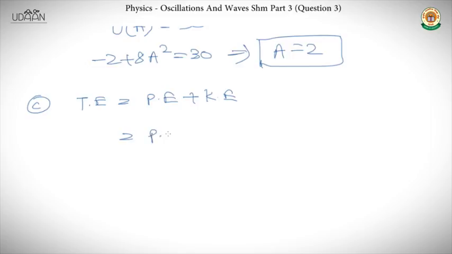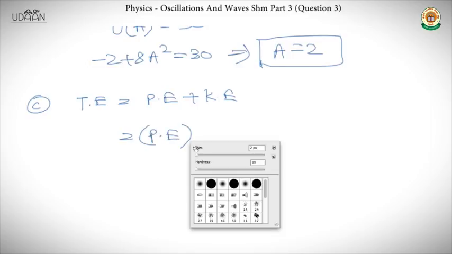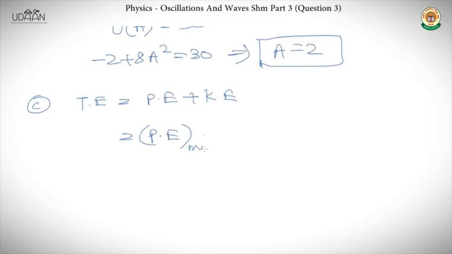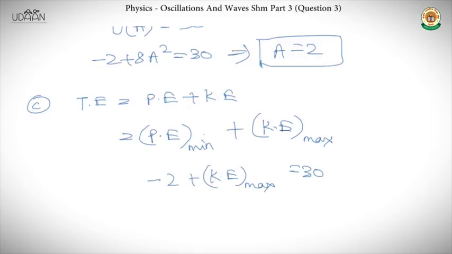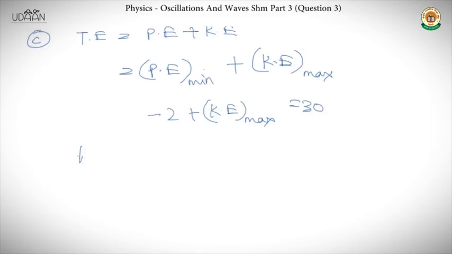So this can be written as potential energy minimum plus kinetic energy maximum. But the minimum of potential energy is minus 2, so minus 2 plus kinetic energy maximum is equal to 30. So from this you get the maximum kinetic energy as 32 joules.